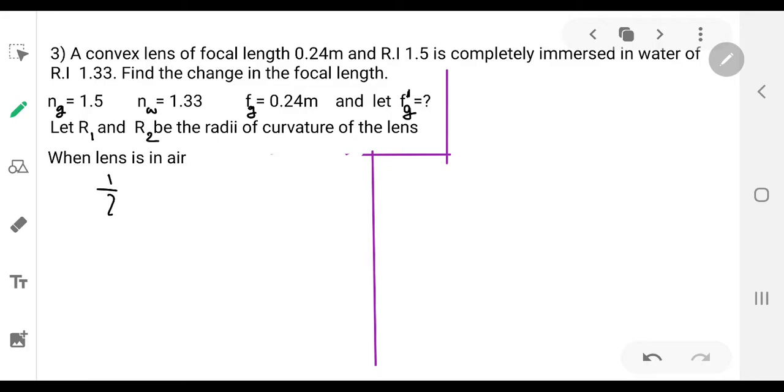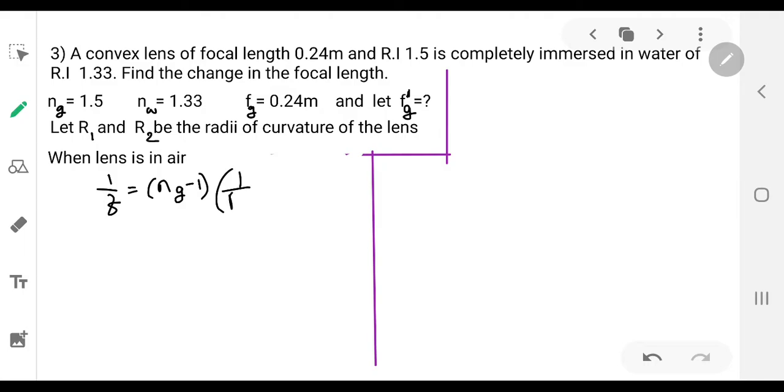1/f = (n_ga - 1)(1/R1 - 1/R2). In the first case we are placing the glass in air, so n_ga is as good as writing ng only, the refractive index of glass.